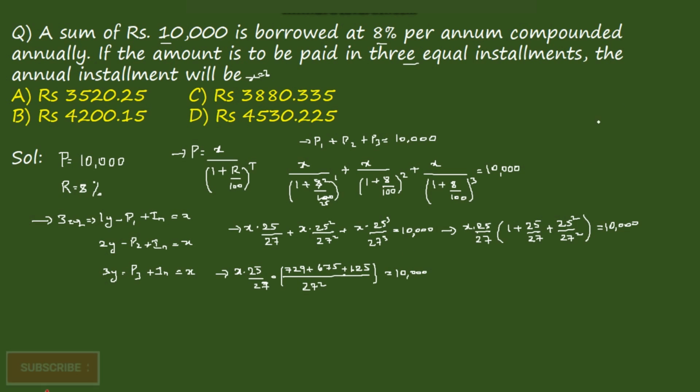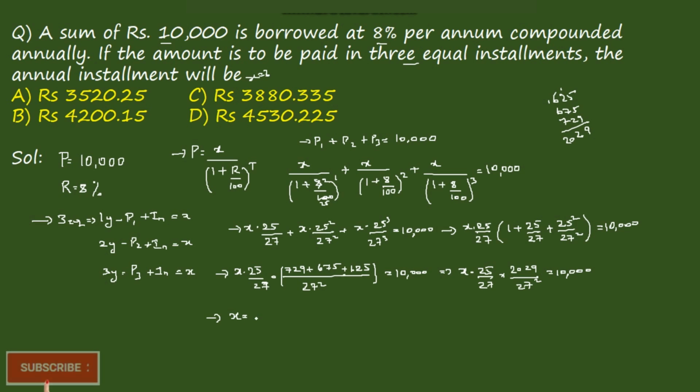Again we have to add all these: 625 plus 675 plus 729 is 2029. So x into 25 by 27 into 2029 by 27 square is equal to 10,000.